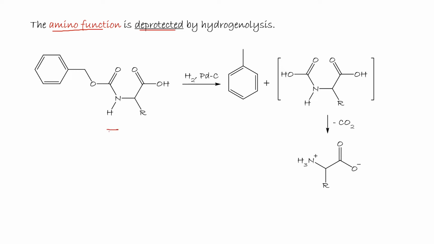Here is CBZ amino acid; hydrogen and palladium on carbon will cleave here to form toluene and carbamic acid, which loses CO2 to give the amino acid back.